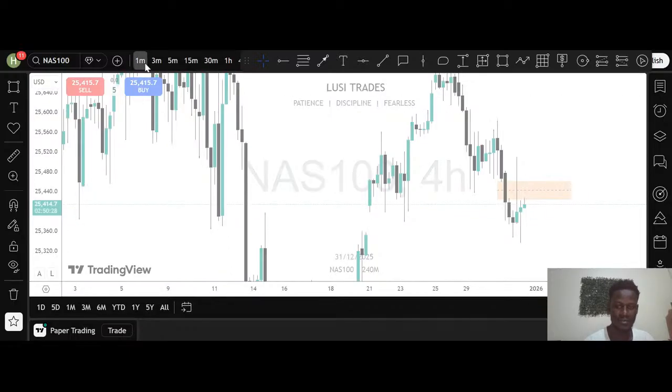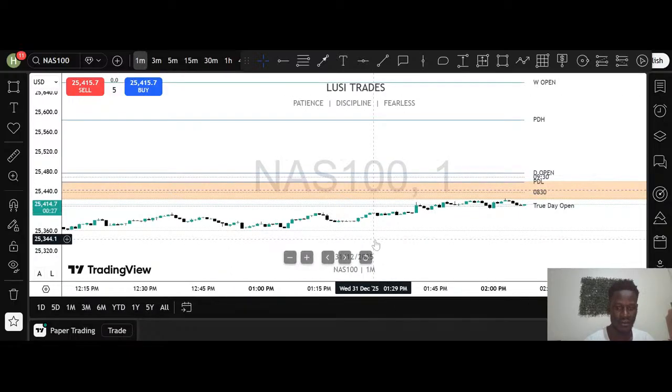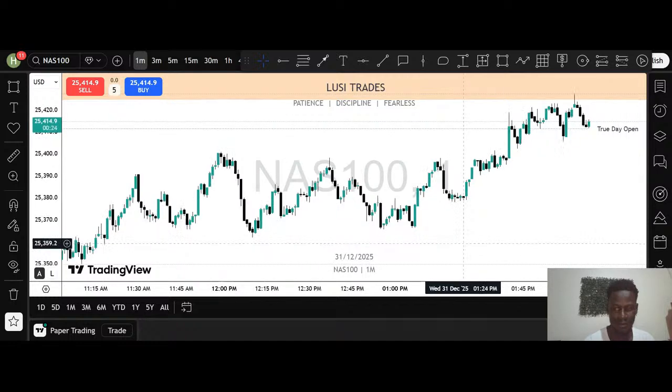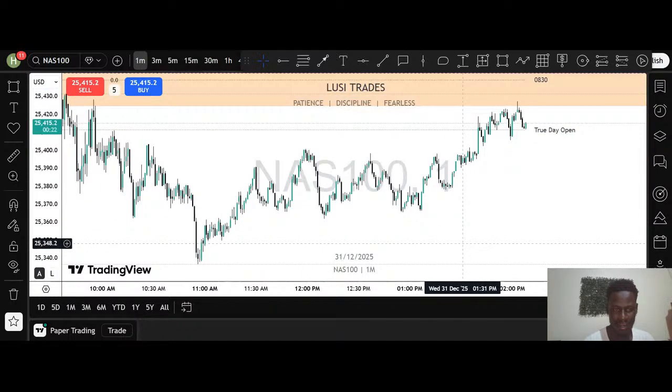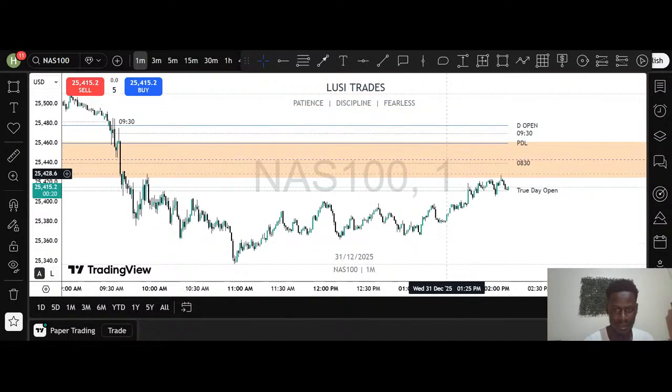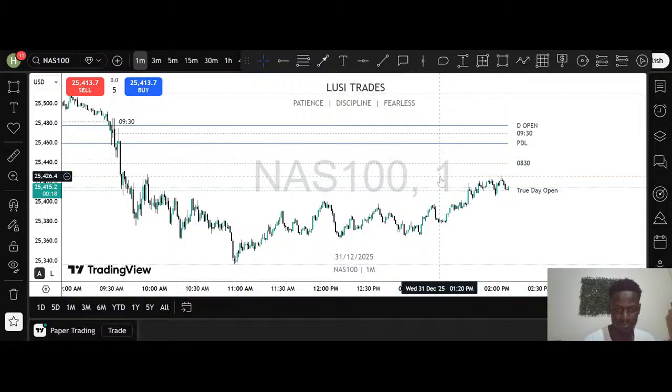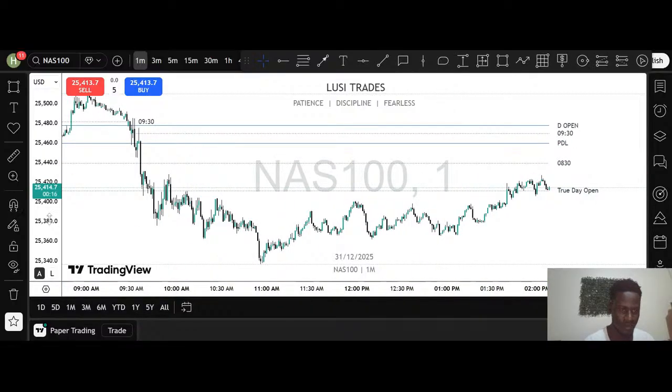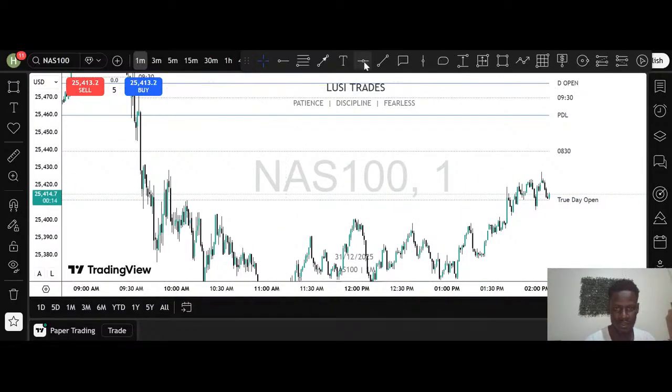For now, because I've removed everything that I highlighted there, let me draw these levels back. Initially I did say that high traded into this CB and also this high.